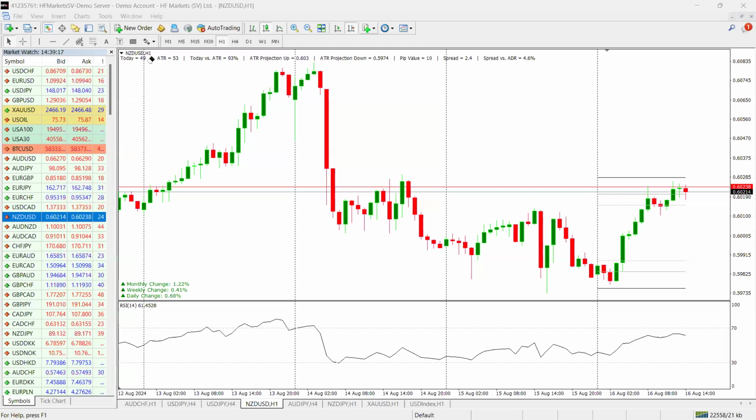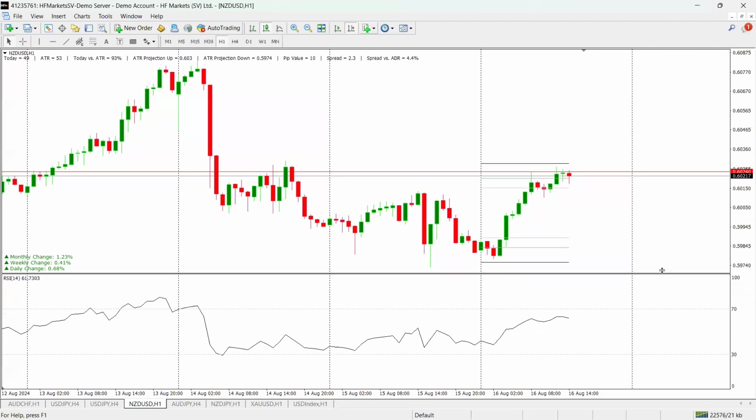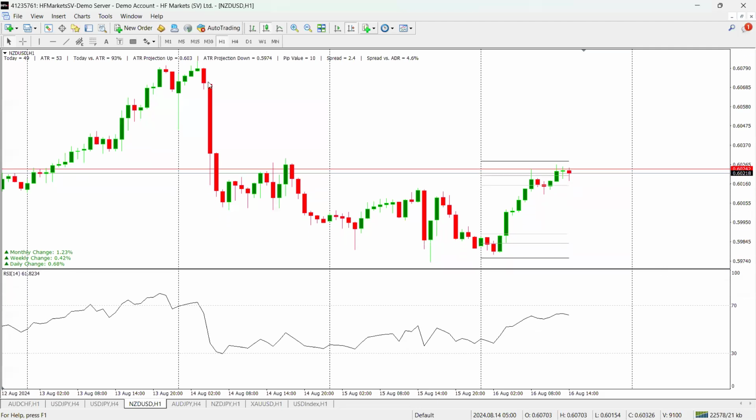Okay, let's start with this. Number one, NZDUSD is the top moving instrument in the market today, clearest with NZD stronger than USD. So NZD is currently stronger than the US dollar in the market. We're looking at simple price action for now.